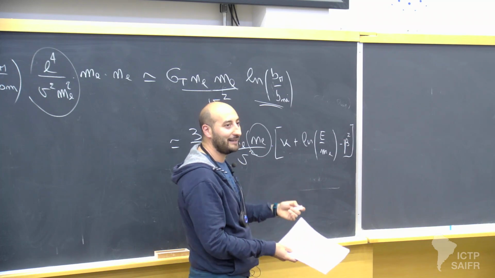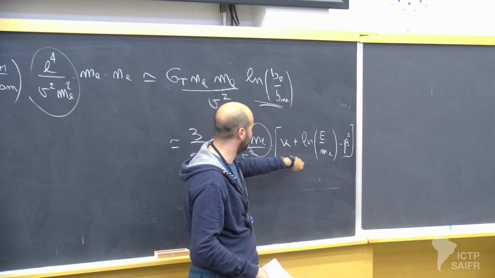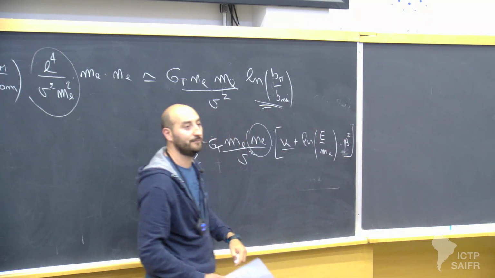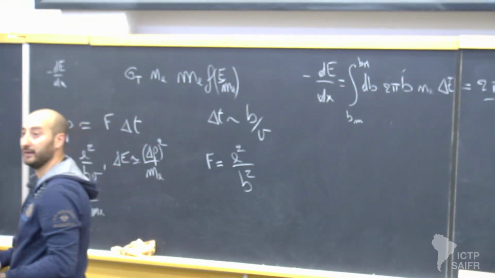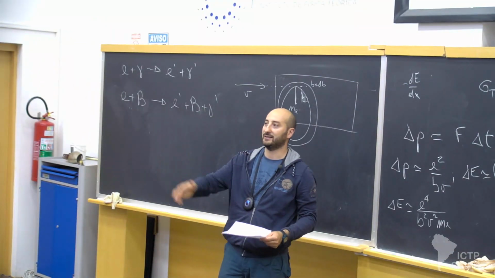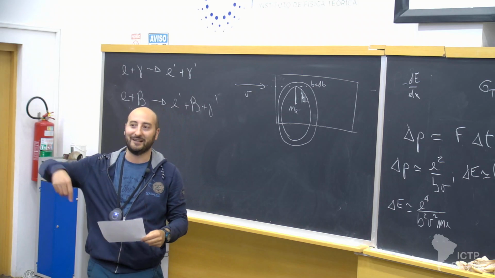Okay? So I'm hiding the dependence on the material in these things. And typically, these are tabulated, okay? If you go to the Particle Data Book, etc., you ask what's the value in hydrogen, etc., you find the empirical coefficients that are related to the binding energies and things like that.